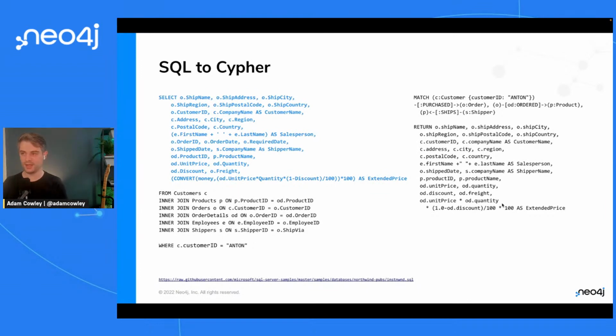So the select clause is very similar to the return clause. I mean, as you can see, these two are almost a copy and paste. There's just a few little changes there to make it work in Neo4j. But the difference is we define this last.